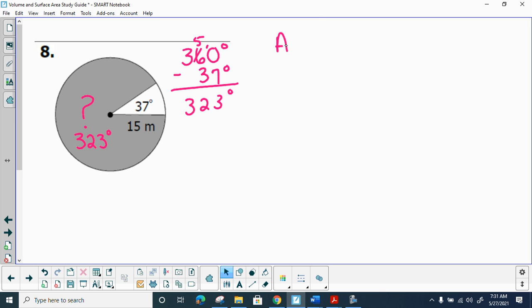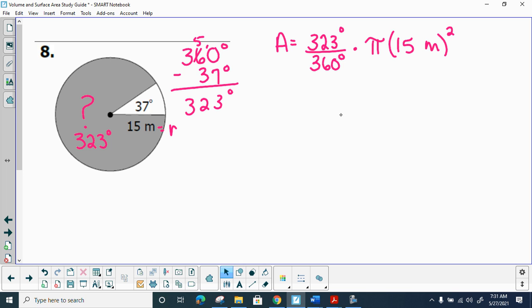So we will make that fraction 323 degrees out of 360 degrees times the area of the whole circle, which is pi times our radius, which is 15 meters squared. And then we'll just use our handy dandy calculator.